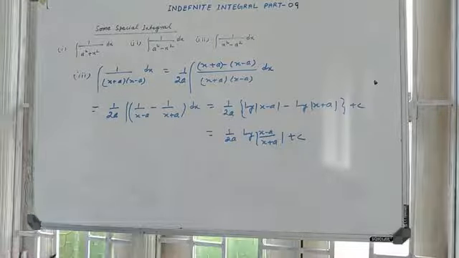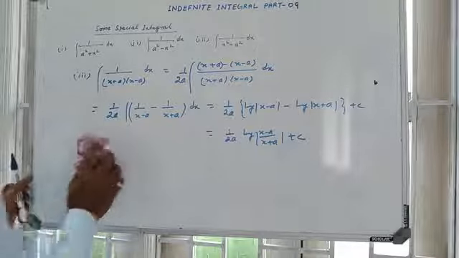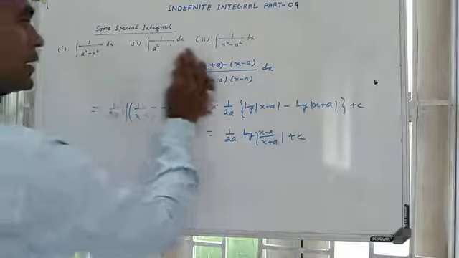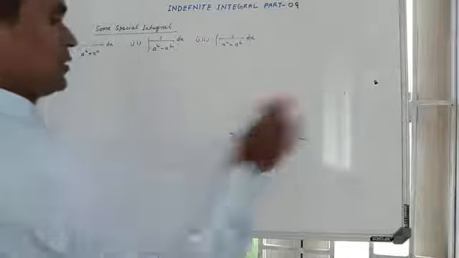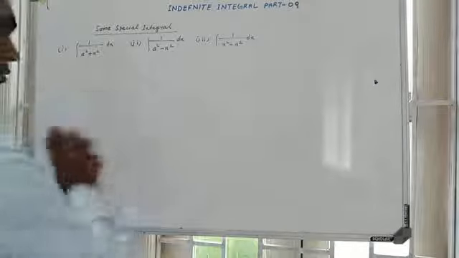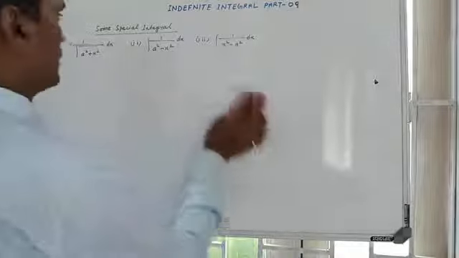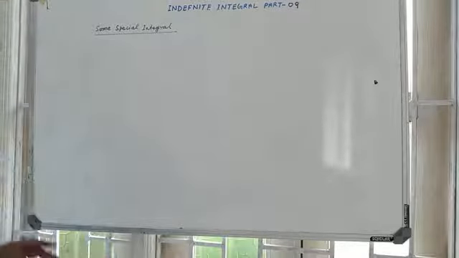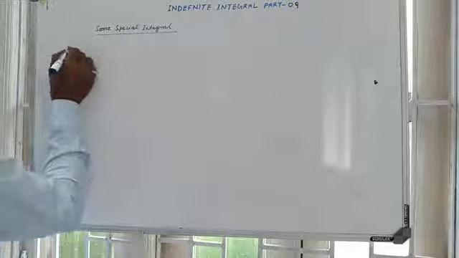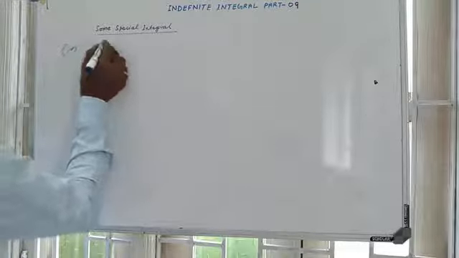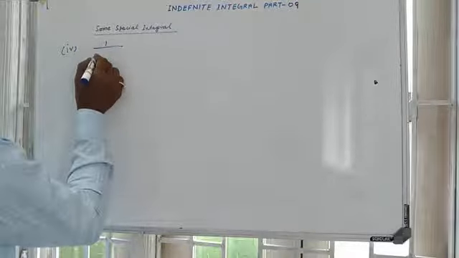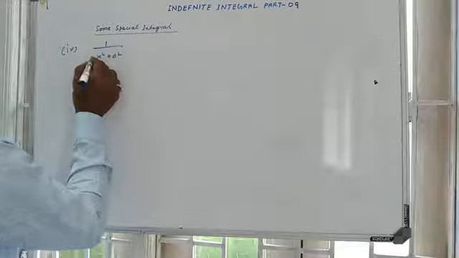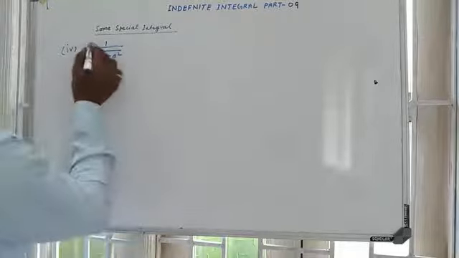So these three are almost similar. You have to learn them, and you can directly apply the formula to solve the questions. Now the next three formulas. Fourth one is 1 by root of x square plus a square dx.